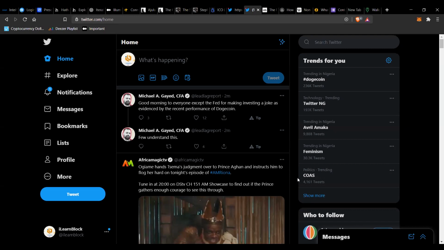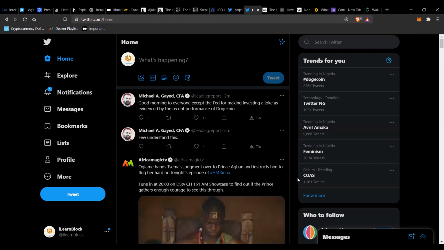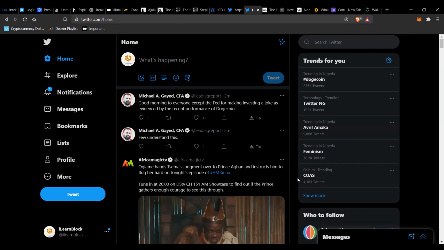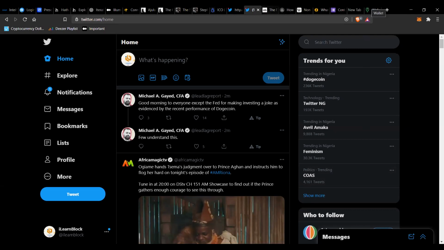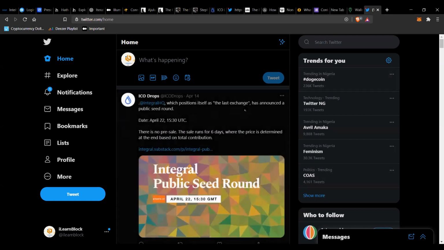Maybe a valid ID, international passport. But why all that stress when somebody abroad can just send you Bitcoin in 2 minutes? Why do you have to go through all of that? Unnecessary stress. So they know it's the future, but they are just trying to restrict it and see how they can benefit from it in the long term.